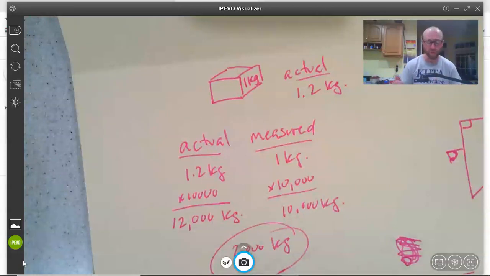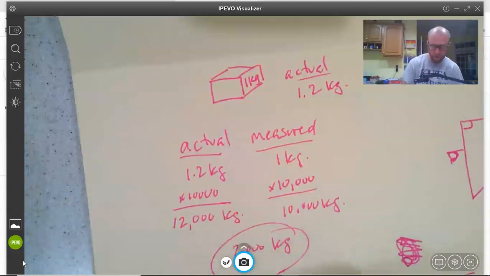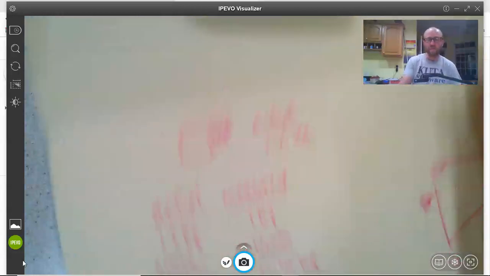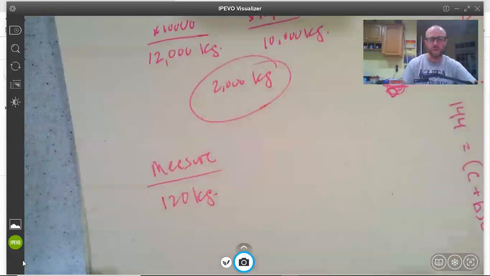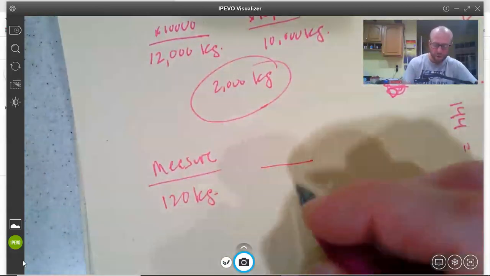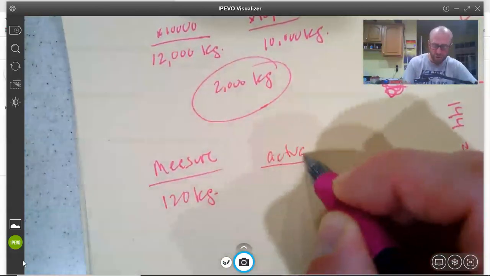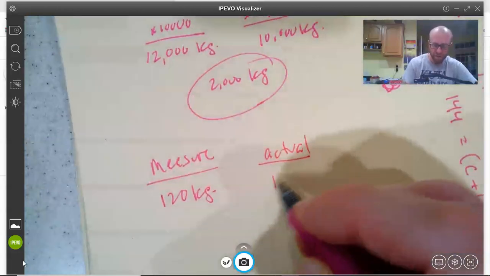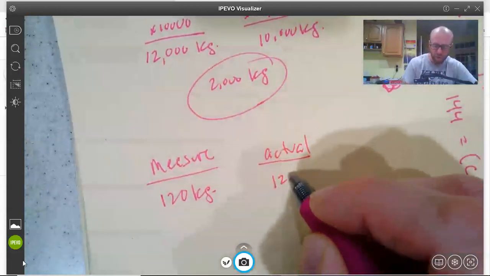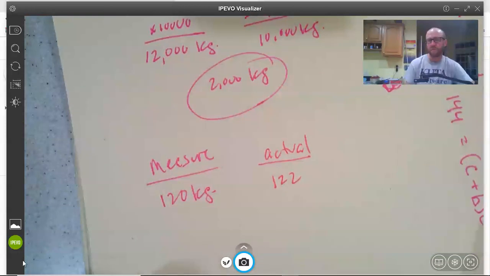Say I put 100 boxes on the scale and it still measures to the nearest kilogram, then my measure would be 120 kilograms. And the actual, let's say it's 122 kilograms or something like that.